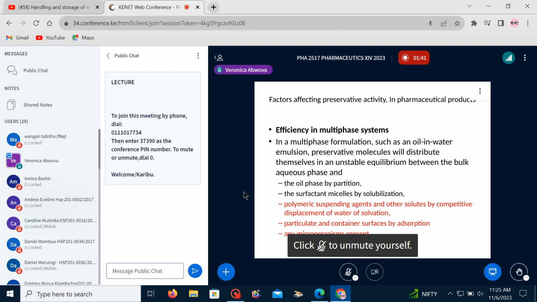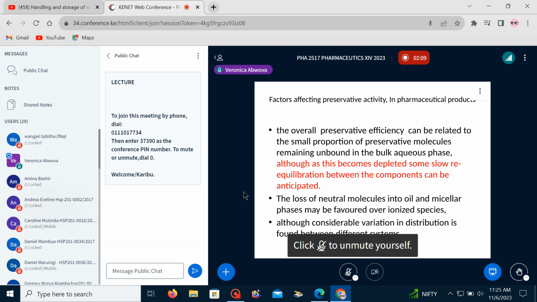And we talked about the possibility that your preservative could be partitioned in the oil phase, in the micelles, okay, in polymeric suspending agents. Again, it could get adsorbed, okay. Again, remember, the key principle here is that for a preservative to be effective, it must be free. So if it is not free, it means that you do not have active preservative, okay.